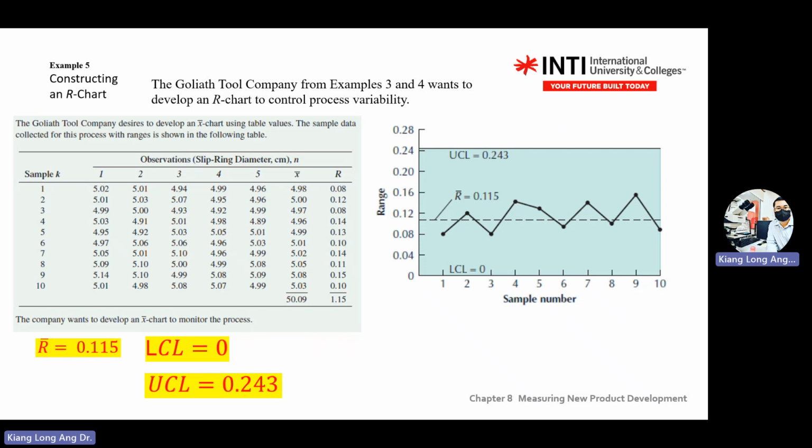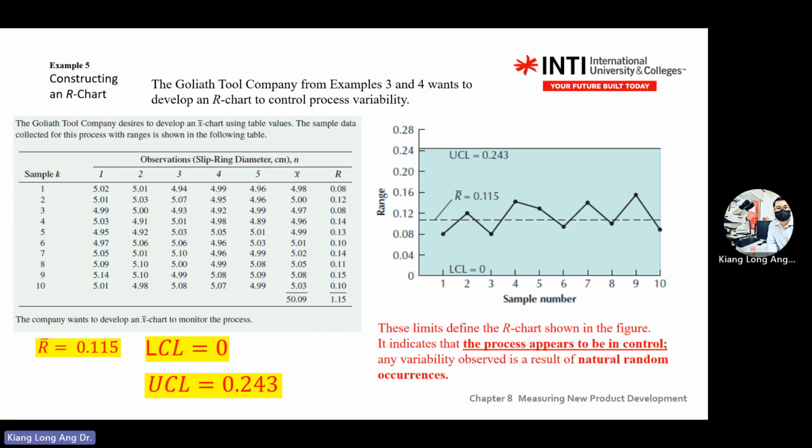If you compare to the mean chart just now, the mean chart goes up and then suddenly bounces back. But if you compare the same data using a range chart, you see that from sample 1 to sample 10, the process is actually in good standing.